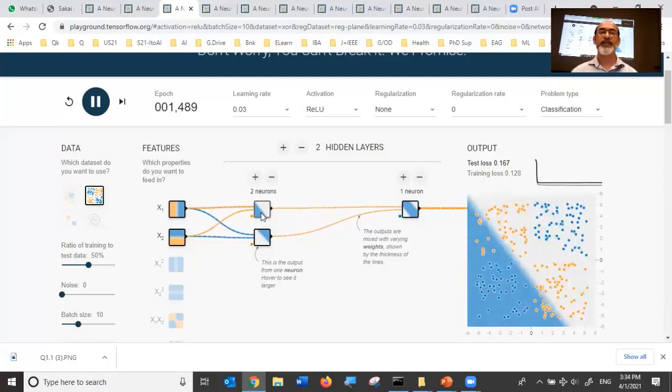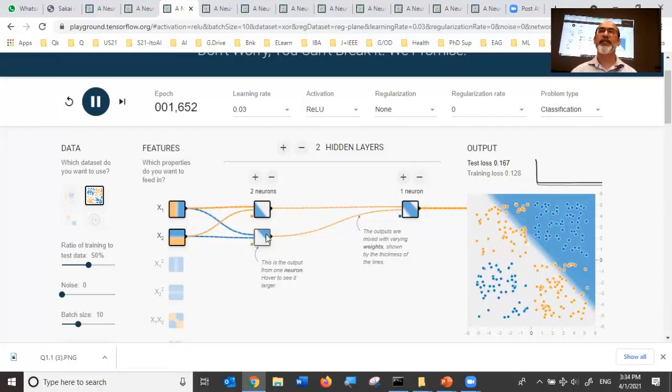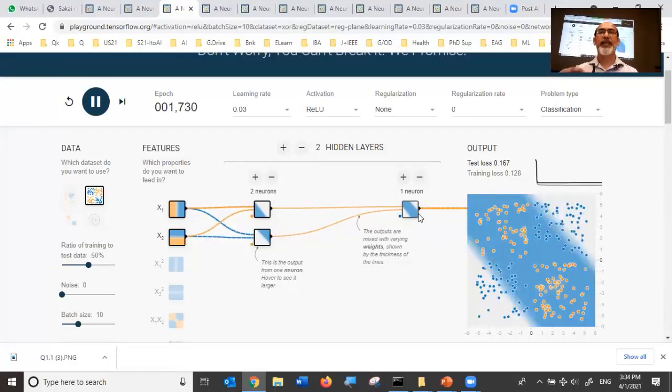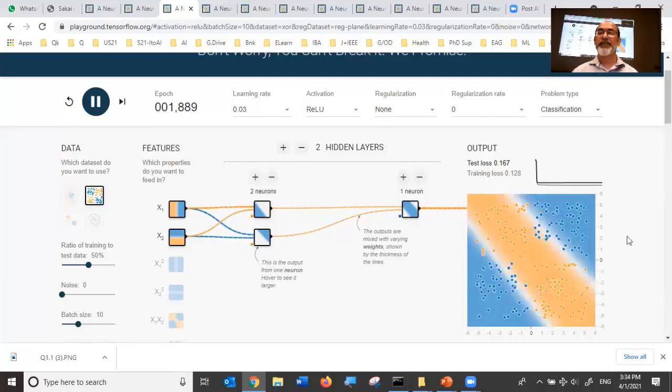So it's using this neuron to differentiate between these 2 regions, and this neuron to differentiate between these 2 regions. And when it combines these 2, it can now differentiate between 3 regions. But still it's not able to do a very good job. The loss is still about 12 to 16%.